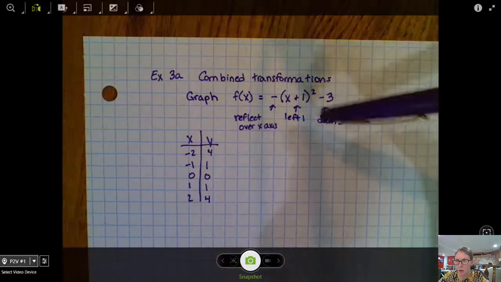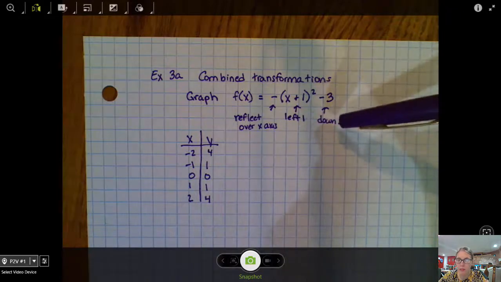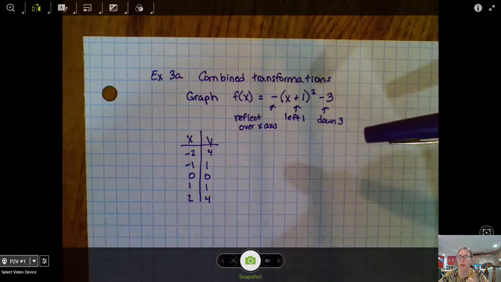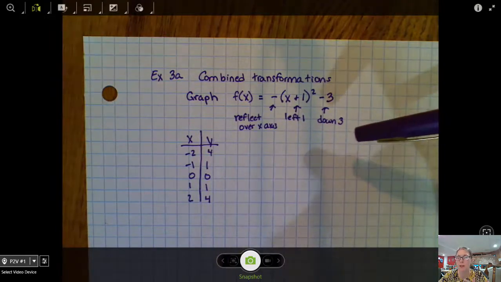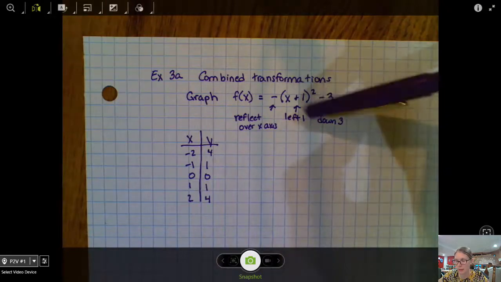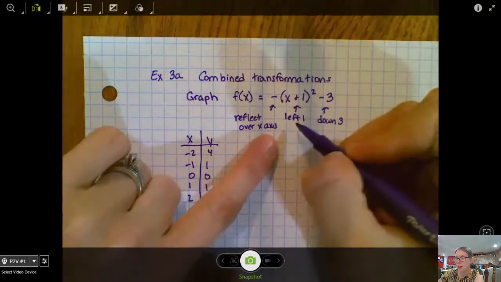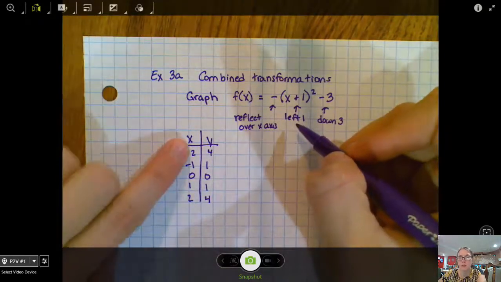The order that we do our transformations is just like our order of operations. We would start off with our parentheses, exponents, multiplication, division, addition, and subtraction. So in our parentheses, we have this left 1. Left and right affects our x values.